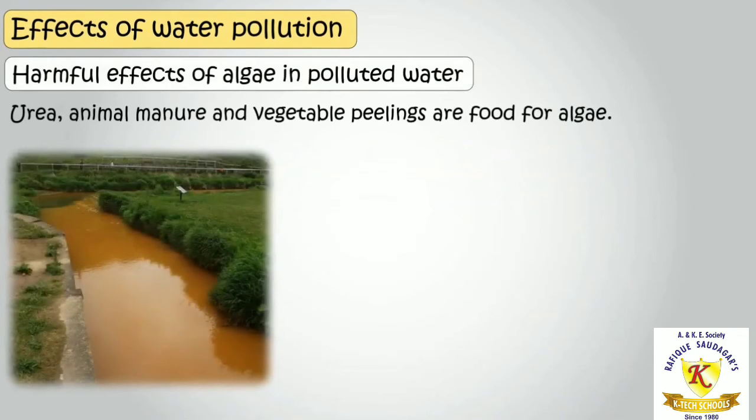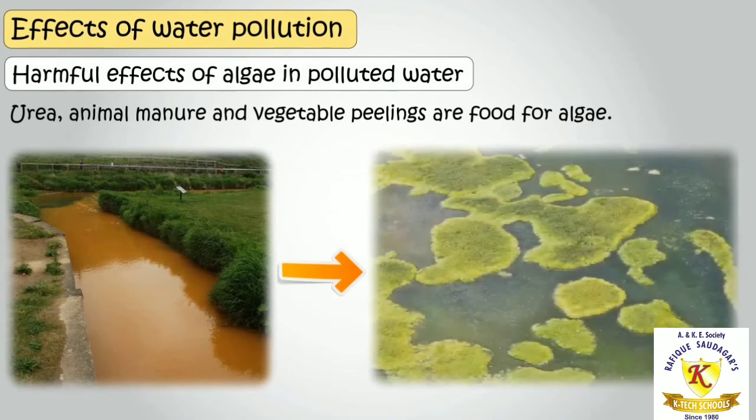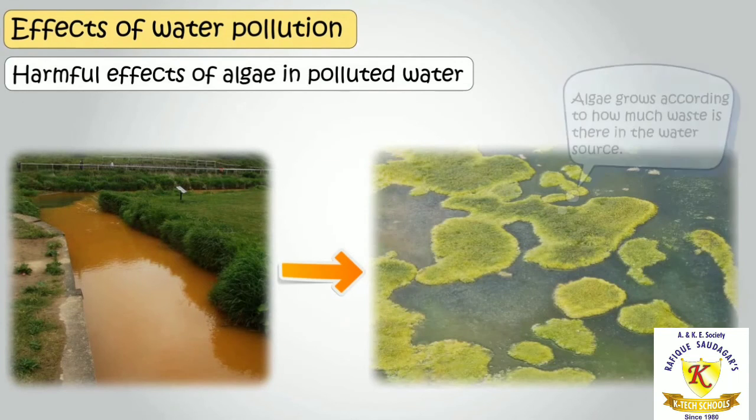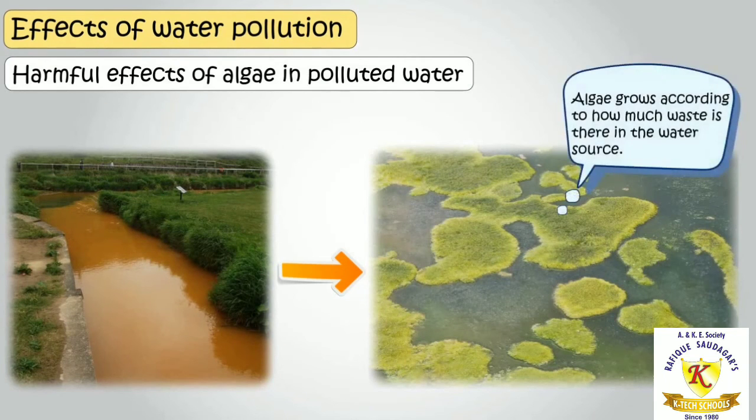Urea, animal manure, and vegetable peelings are the food for algae. Algae grow according to how much waste is there in the water sources.